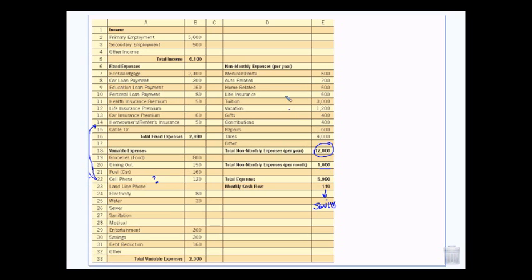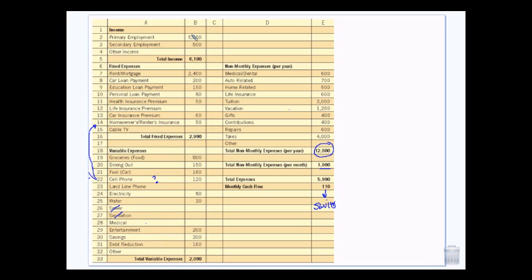I know for myself, I don't have a lot of these. I don't have either of those. I don't pay for those. Those are included. But I do pay for water. It depends what your budget needs.